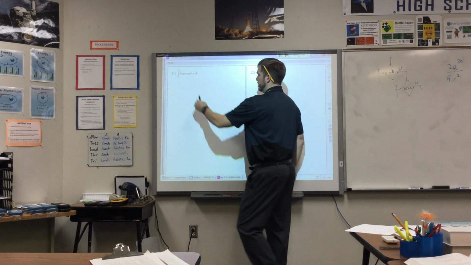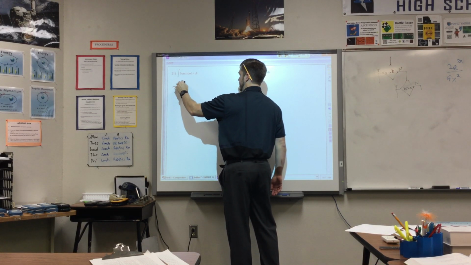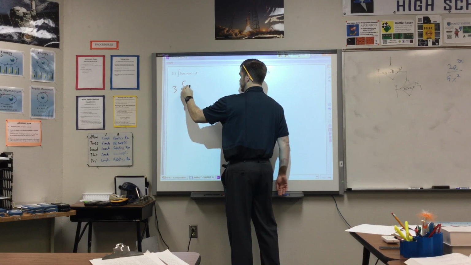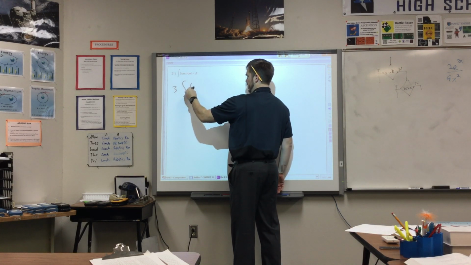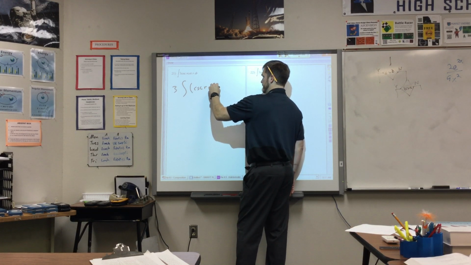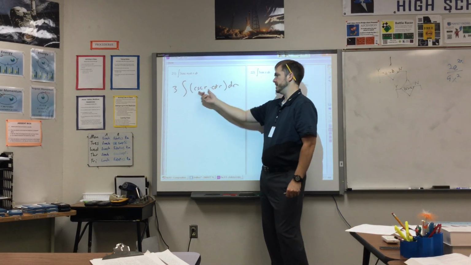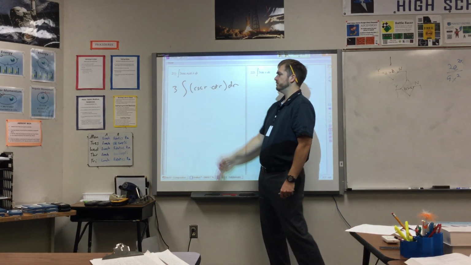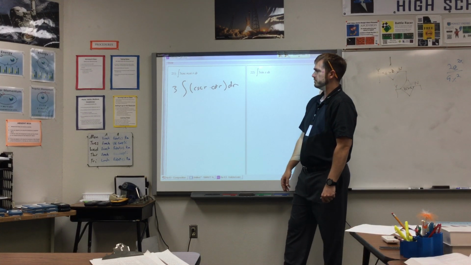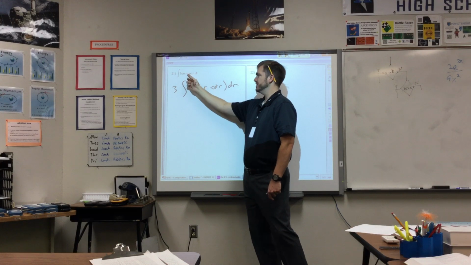Also, I really don't like the way this sort of printed out. What this really is saying is it's the integral of cosecant r times cotangent r dr. So that's standalone, that's standalone. Just the way that it renders on the screen and on the paper makes it look weird.